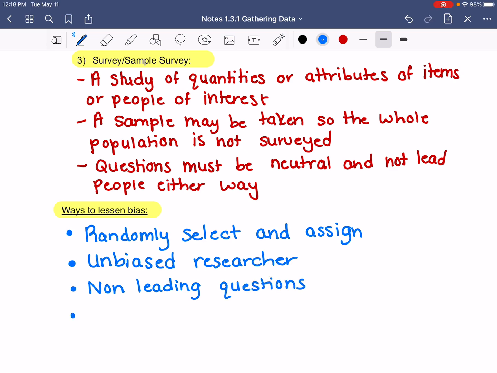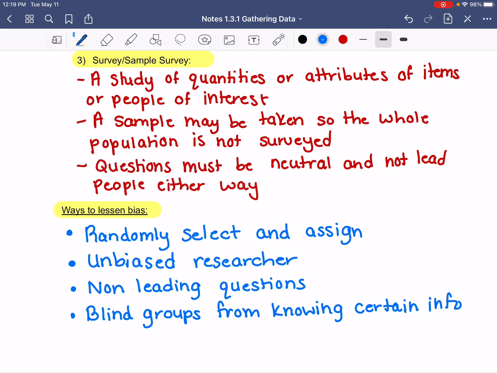And then you can blind people from knowing certain information. So like the people don't know if they're in the control group or the experimental group. And then you can also have something called a double blind where both the experimenter and the participant don't know. But those are all ways we can lessen bias.